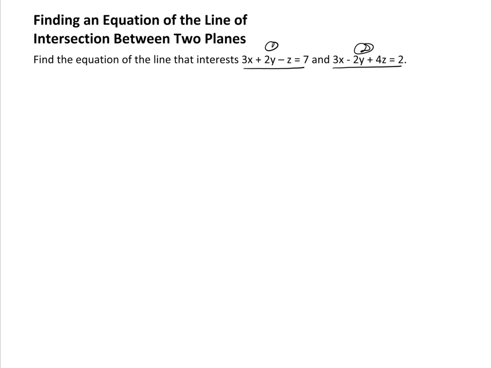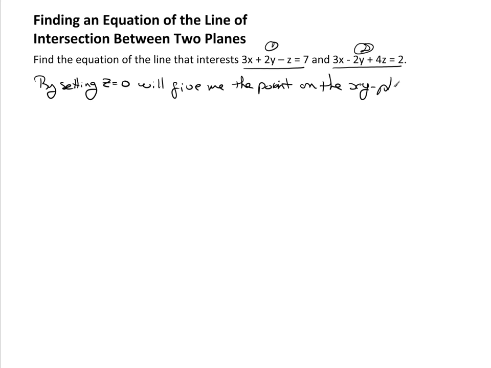The first thing I'm going to recognize is that by setting z equal to 0, that will give me the point on the xy plane that is actually on this line.